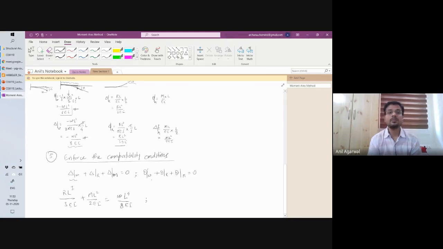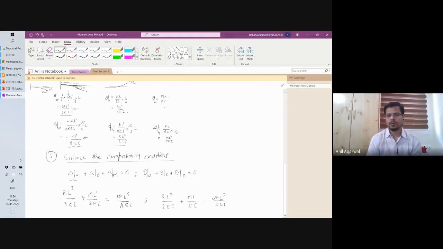The other equation, again in the same format, R terms first: R L square by 2 EI, then the M terms, M L by EI is equal to W L cube by 6 EI.